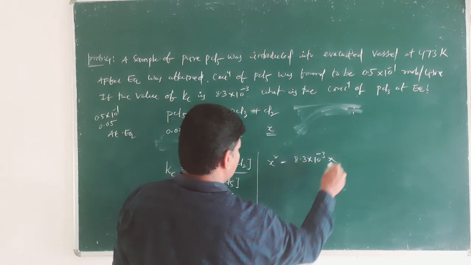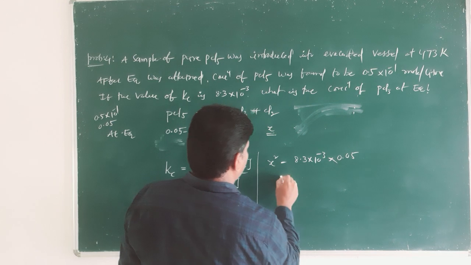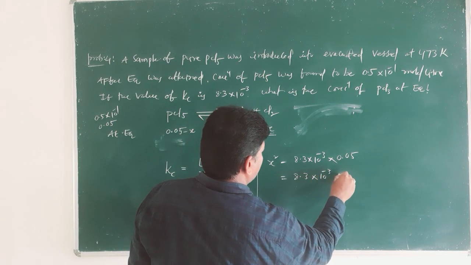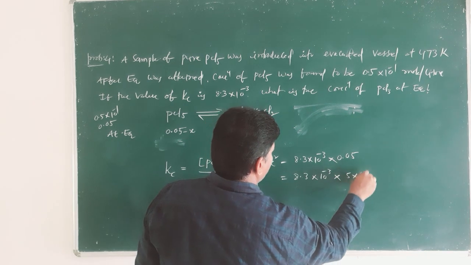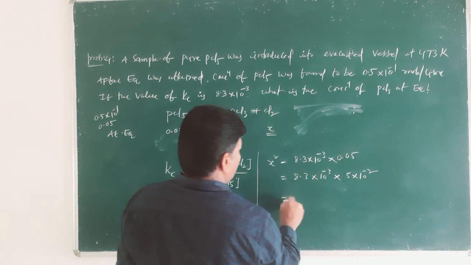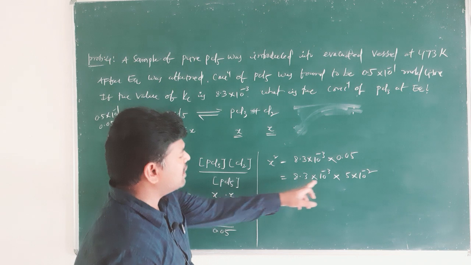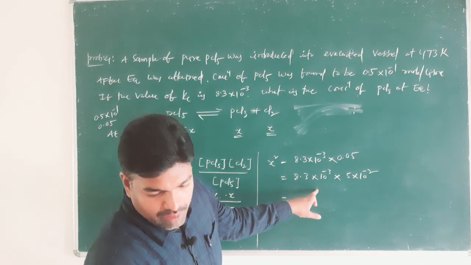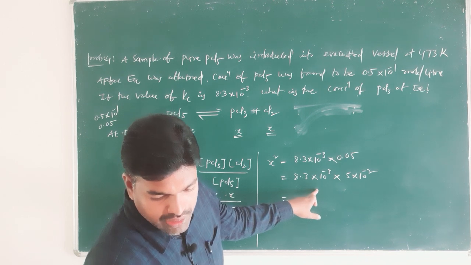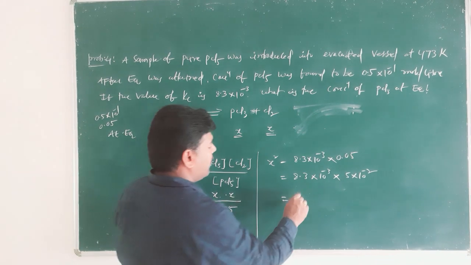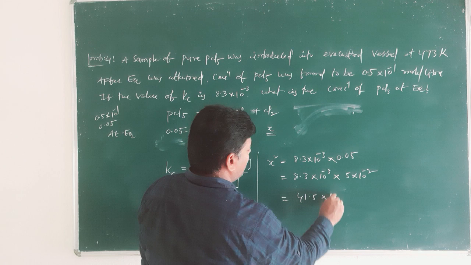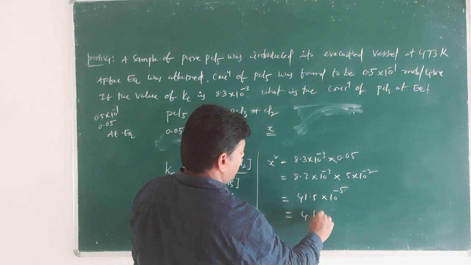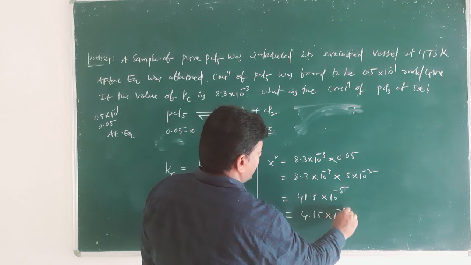So x square is equal to 8.3 into 10 power minus 3 into 0.05, which can be written as 5 into 10 power minus 2. This multiplication comes out to be 41.5 into 10 power minus 5, which we can write as 4.15 into 10 power minus 4.